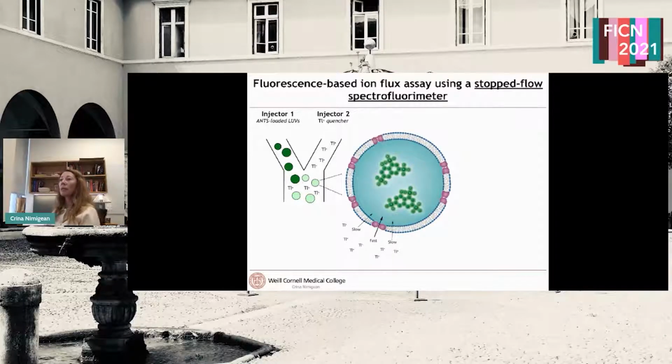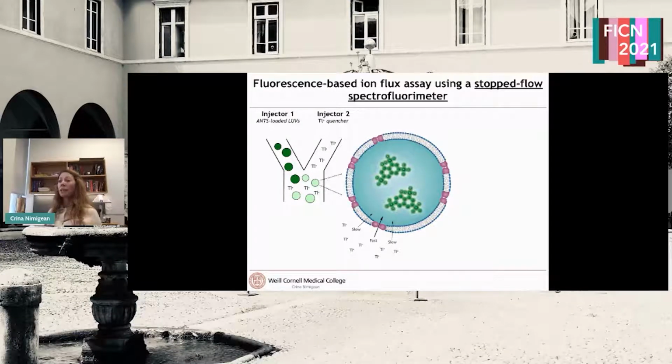And these liposomes encapsulate a fluorophore called ANTS, and the fluorescence of this fluorophore is quenched by thallium ions. So it is well known for quite some time that potassium channels and other non-selective cation channels too are actually permeable to thallium.